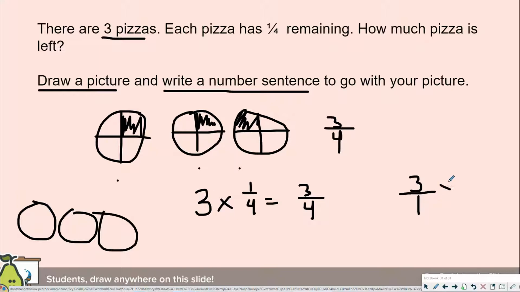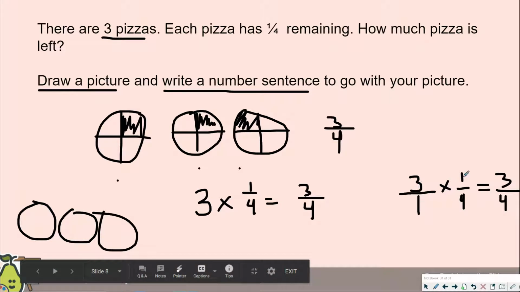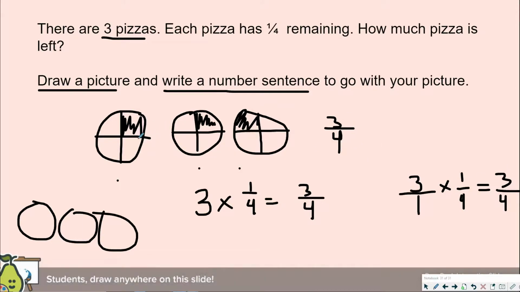I can multiply that times 1/4, lining up. And so then when I go across, it's going to be 3 times 1 is 3, and 4 times 1 is 4. So 3 times 1/4 is 3/4, which is the answer I got up here. And I showed you that I could draw each one out and show you 3/4.